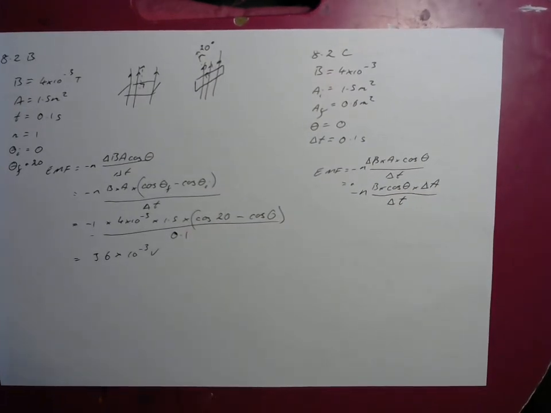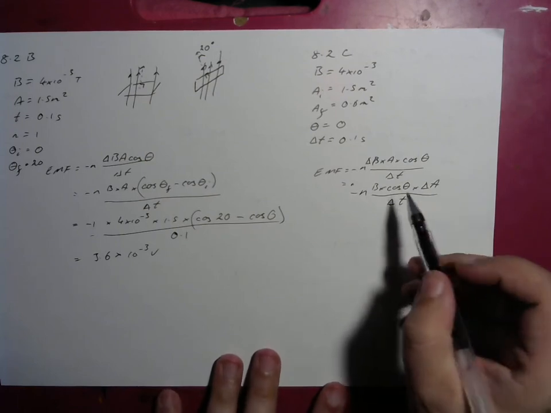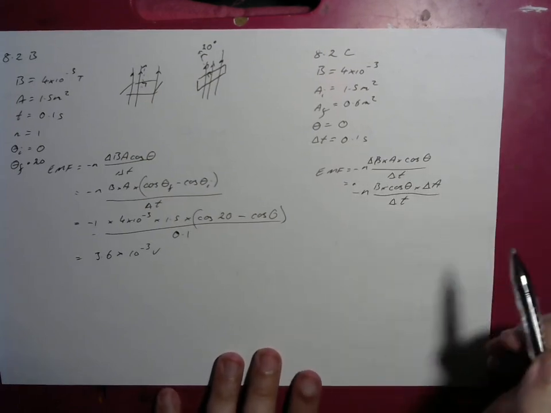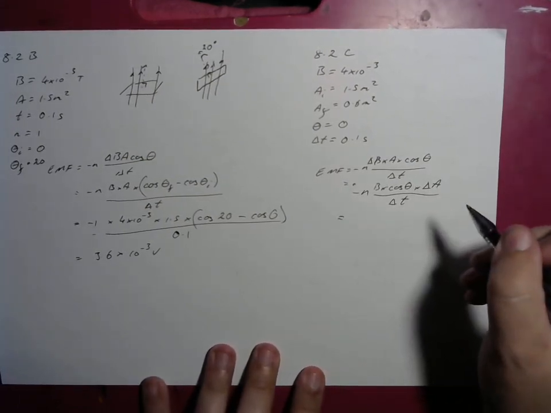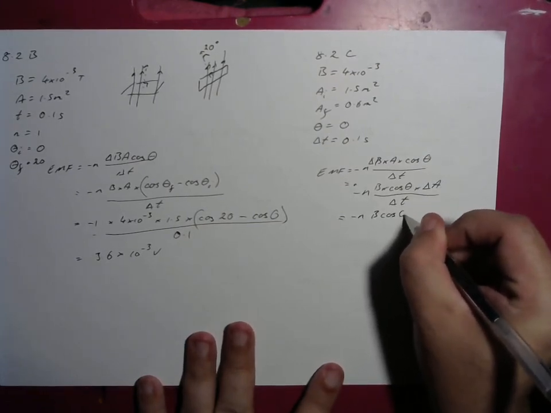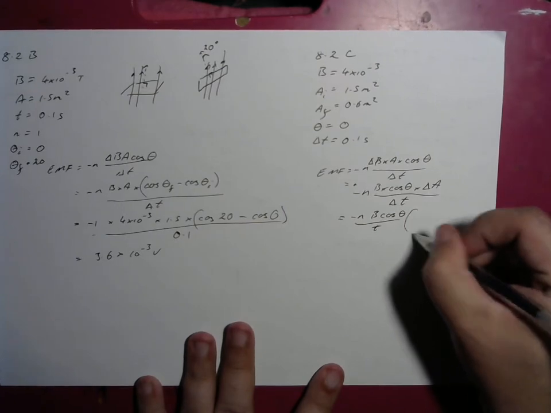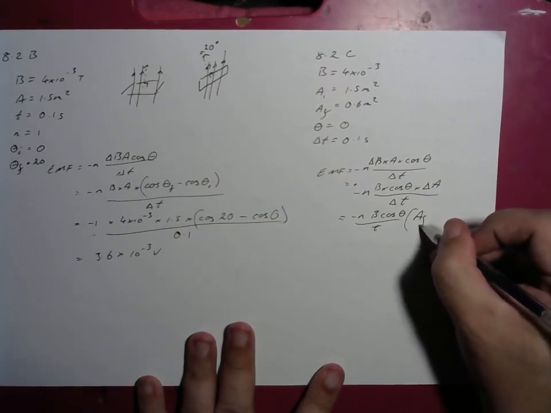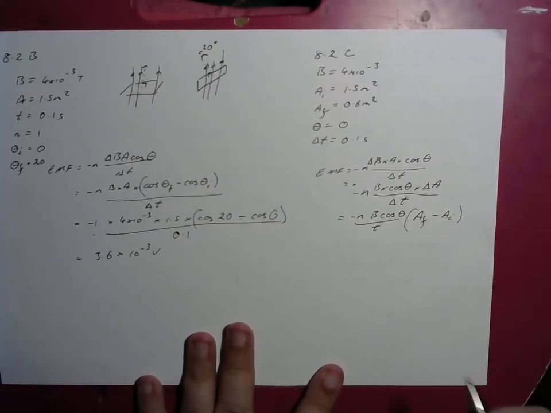Okay, you don't really need to write this step, but it may help in structuring it and making sure you don't mess something up in thinking, well, which part is changing? Let's identify the thing that's changing. So -n B cos theta over t, multiplied by area final, take away area initial.